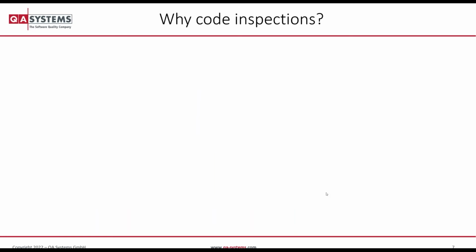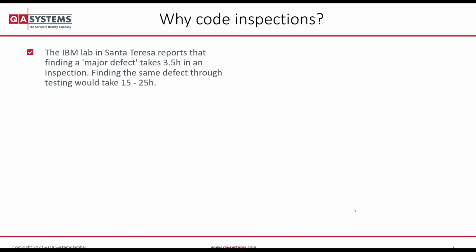So why are we then not using code inspections? We have lots of very positive comments about code inspections. Again, an example from IBM reports that it took only 3.5 hours for a code inspection to find a major defect, and finding the same defect through testing would take 15 to 25 hours.